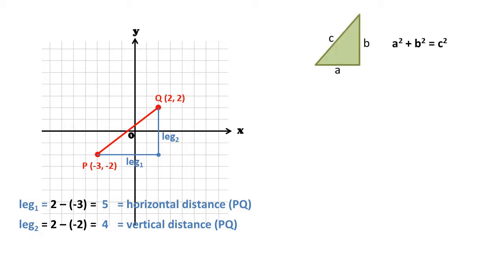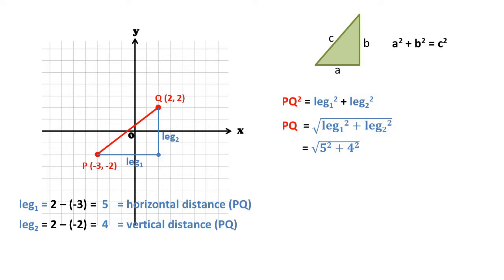Given a squared plus b squared equals c squared, as the Pythagoras Theorem stated, the distance between P and Q is equal to the square root of the sum of leg 1 squared and leg 2 squared, which is the square root of the sum of 5 squared and 4 squared, and it is square root of 41.